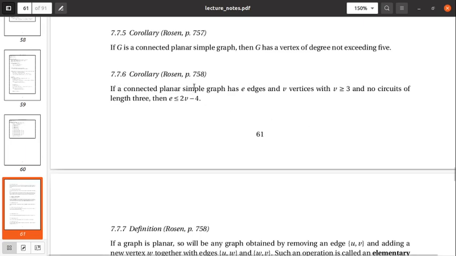So another corollary: if a connected planar simple graph has some number of edges and vertices, and we have at least 3 vertices and no circuits of length 3, then the number of edges has an upper bound of twice the number of vertices minus 4.